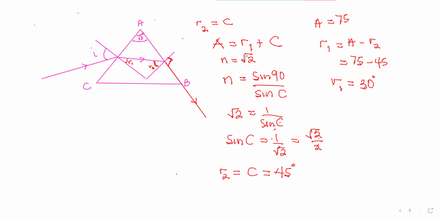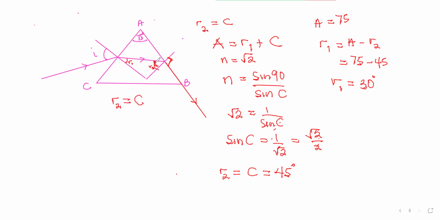R1 is 30. If R1 is 30, yeah, Saki. Yeah, because I'm still confused how R2 is equal to C. You see, we are told that when the ray passes through AB, the first face, and then hits the second face, the angle of incidence at the second face is equal to the critical angle of the material. So R2 is equal to the critical angle.